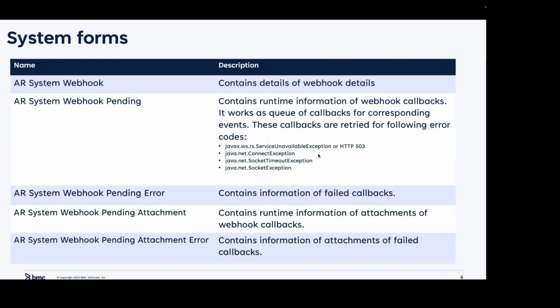That information will be here. And these are certain error codes we will use to retry. Basically, if one callback fails, whenever the server invokes the endpoint, if it gets a failure and one of the reasons is this, then we will retry.